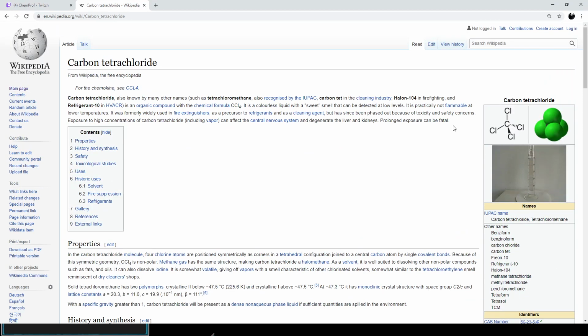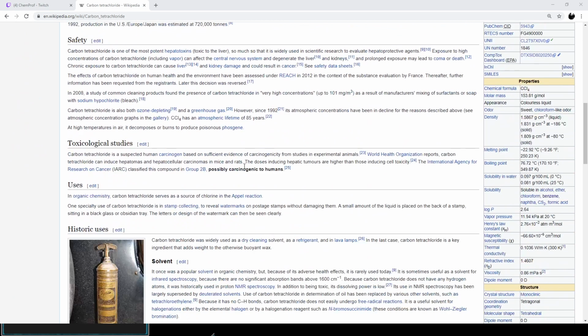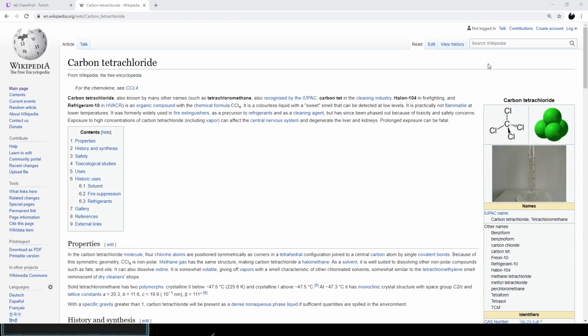Even though a C-Cl bond should be polar, this one is not going to be overall polar because all those chlorines will cancel out. So overall its dipole moment is 0.